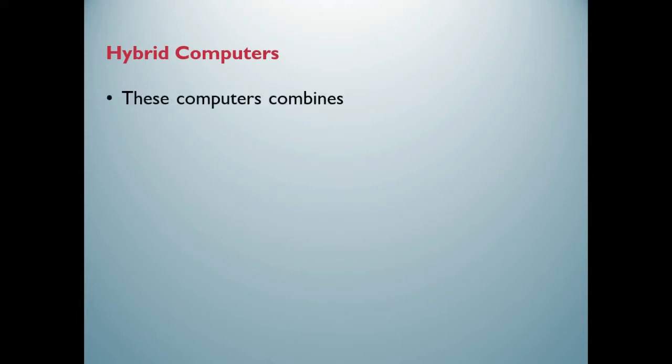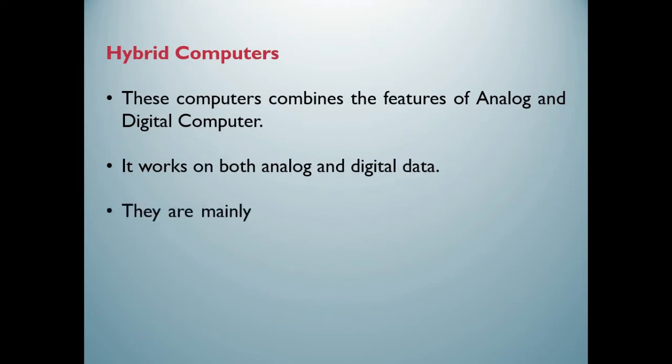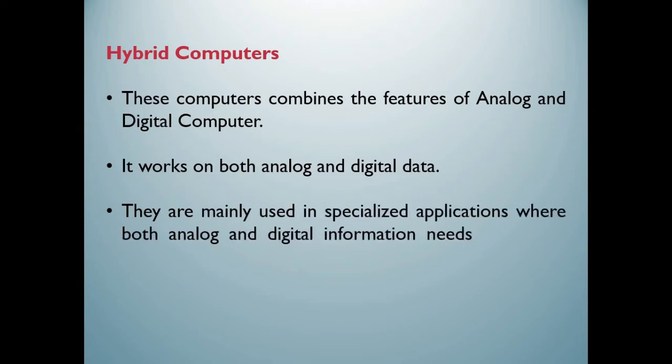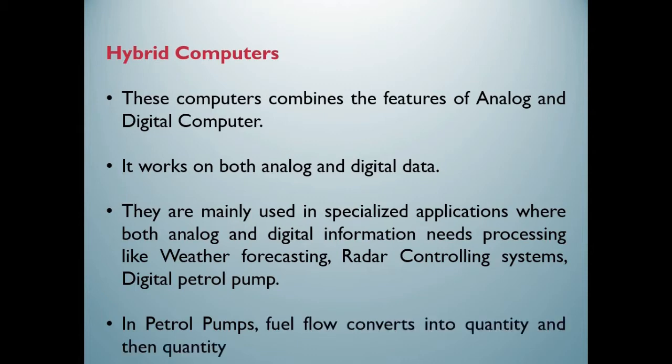These combine the features of analog and digital computers. They work on both analog and digital data. They are mainly used in specialized applications where both analog and digital information need processing, like weather forecasting, radar controlling systems, and digital petrol pumps. In petrol pumps, the fuel flow is converted into quantity and then the quantity is converted into values. So these are examples of hybrid computers.